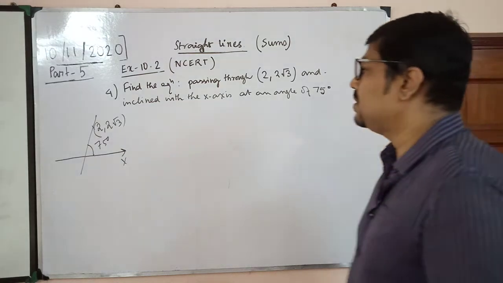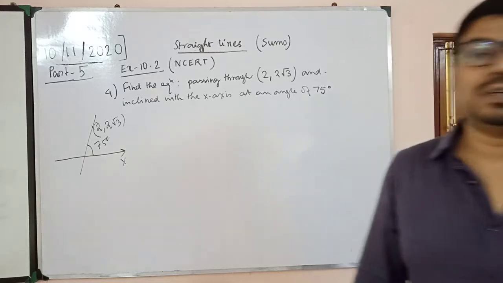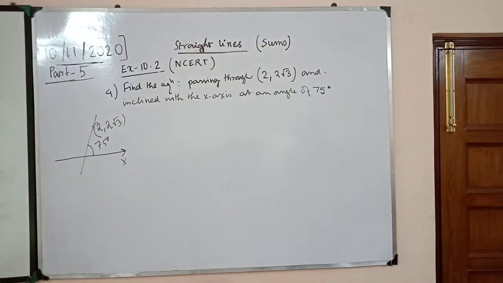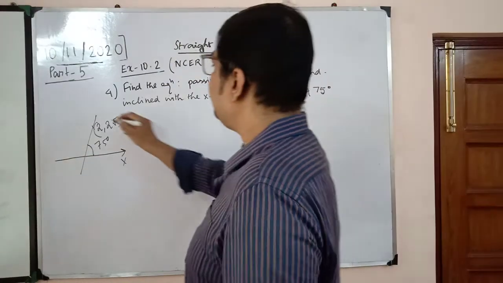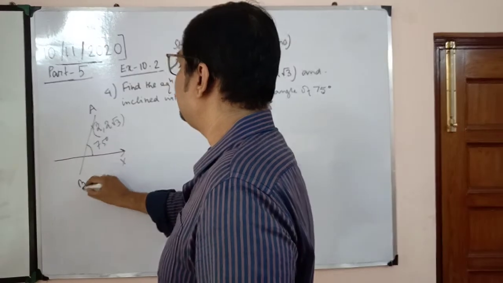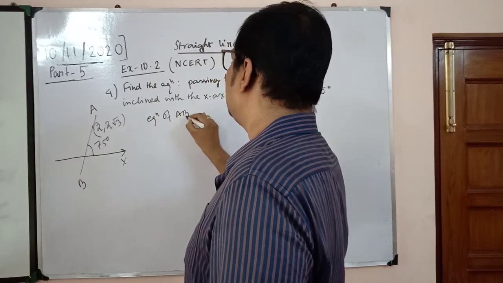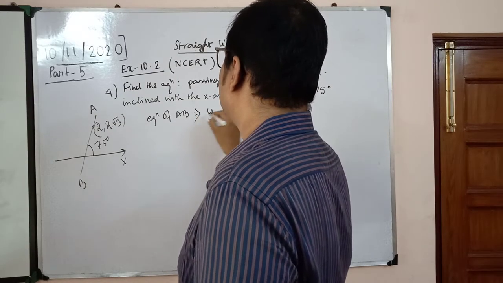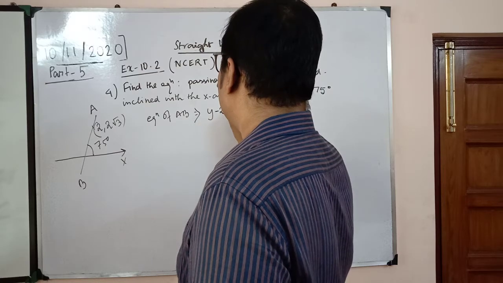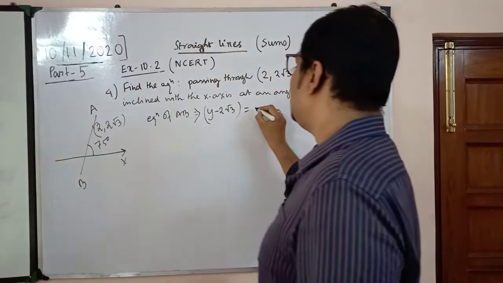Now obviously we use what? We use the point slope form. The equation of AB will be written as y minus 2 root 3 equals m times x minus 2.